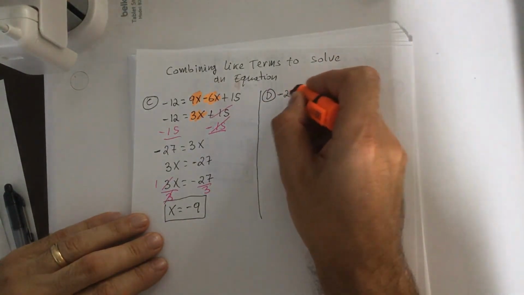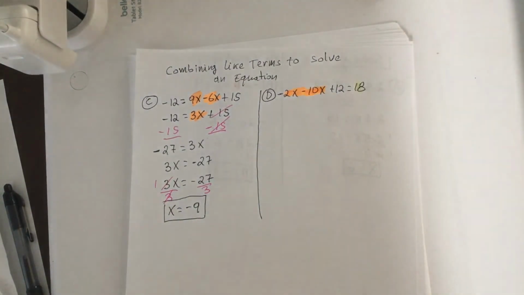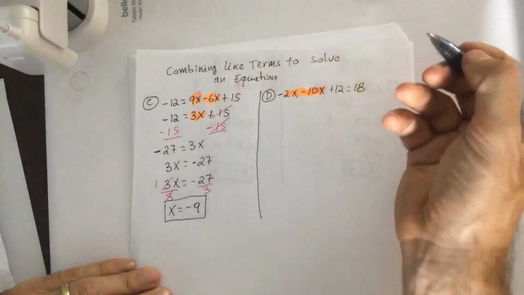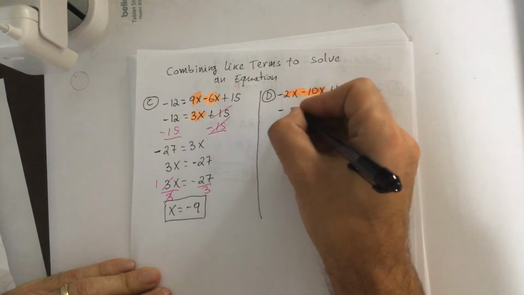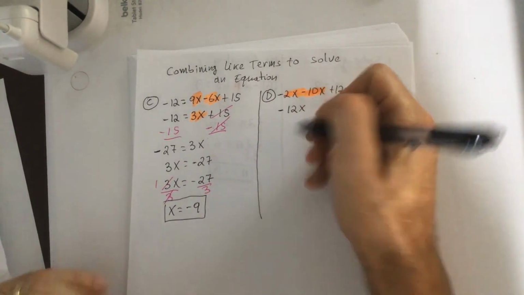We notice that we can combine these two together because they're alike. Negative 2 and negative 10. If you combine them together, you're gonna get a negative 12, and then we got x, keep the same variable.